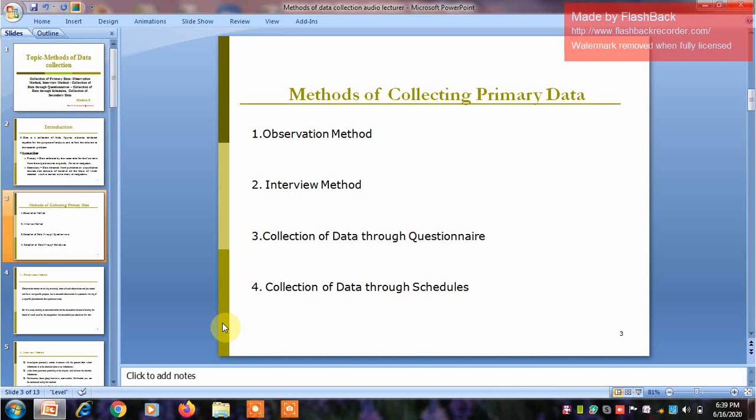Coming to the interview method, it is just a face-to-face interaction between a researcher and the respondent. In this interview method, we have different types of interviews.